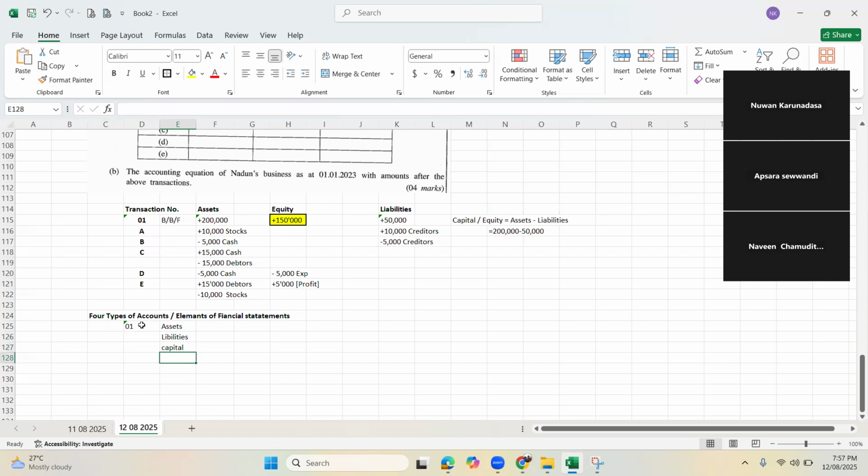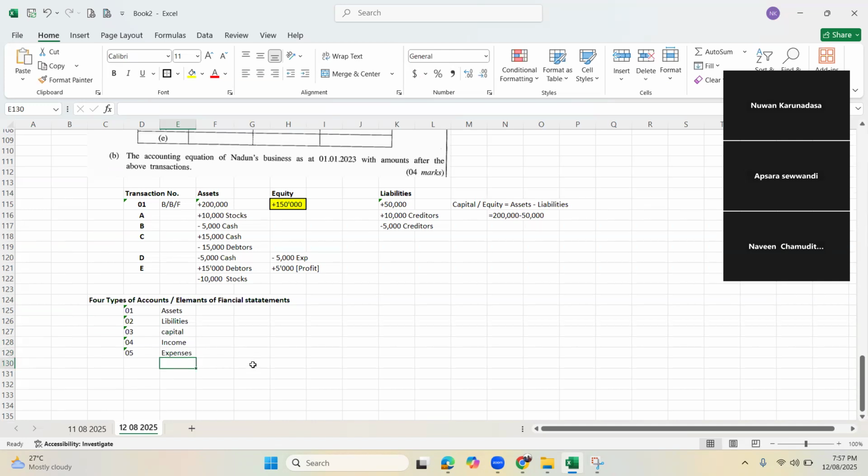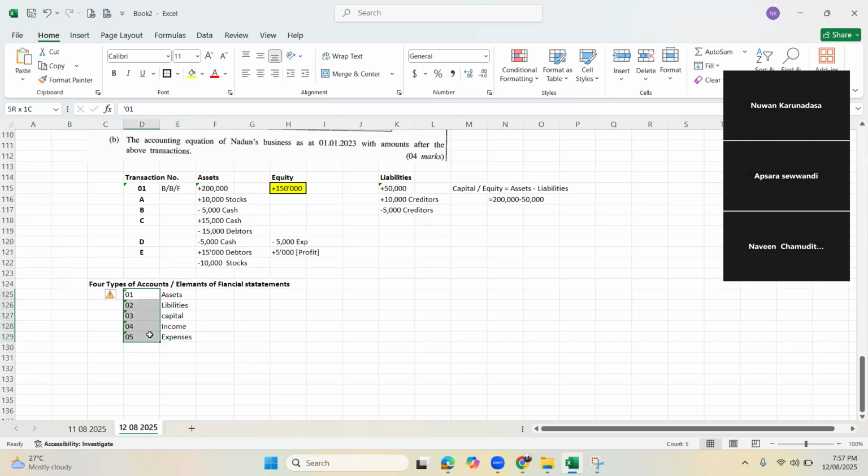In addition to these three, we have two more: one is income, the other one is expenses. Remember the types of accounts: assets, liabilities, capital, income, expenses.